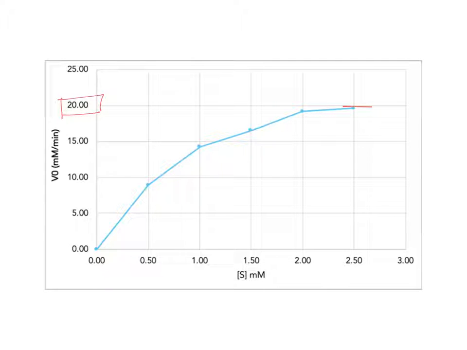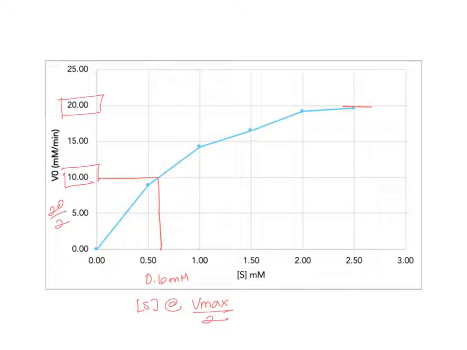If I wanted to find the substrate concentration at which my velocity is half of that, I would look at 10 millimolar per minute because that's 20 over 2. I can see that my Km is approximately 0.6 millimolar. So that's my substrate concentration at which my velocity is equal to half of the maximum velocity.